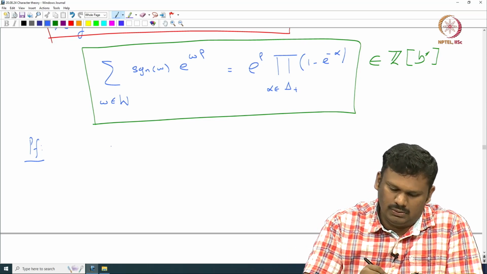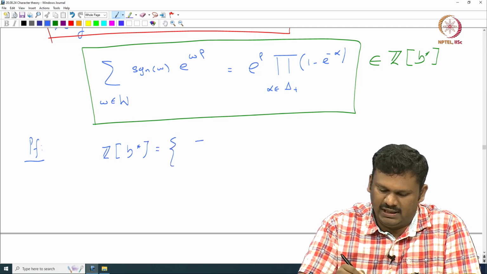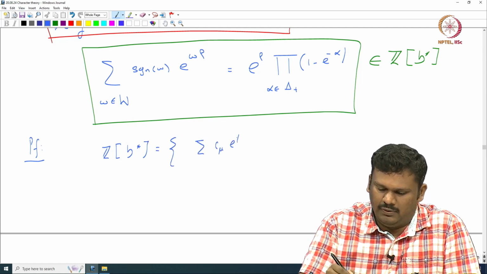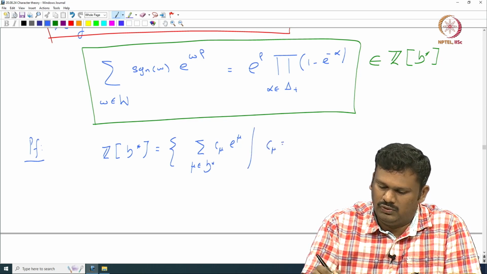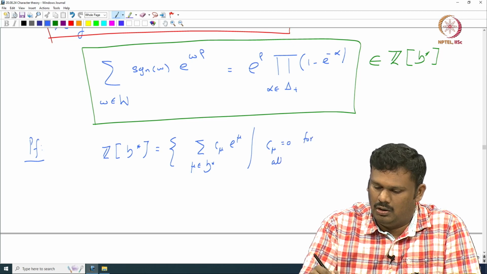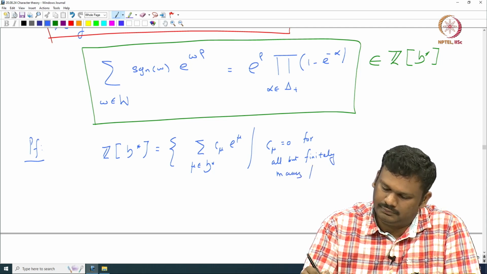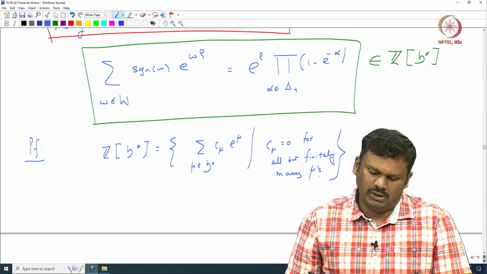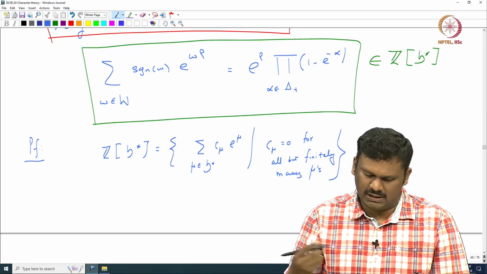The elements of Z H star can be written as follows using characteristic functions: a finite sum of C mu e power mu, where mu comes from H star and C mu is 0 for all but finitely many mu. So you are only considering the functions which have finite support.